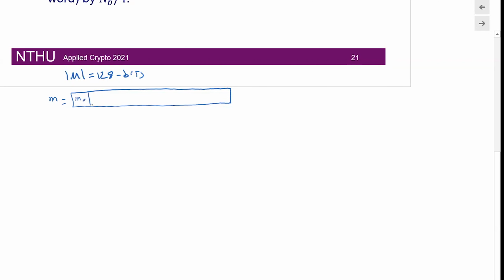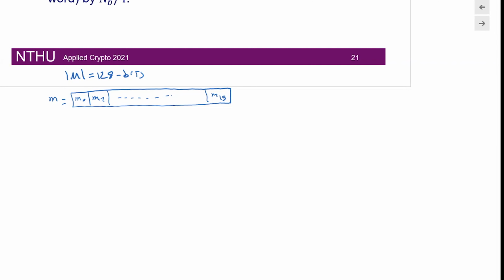I have M0, M1, all the way to M15, so I have 16 bytes. Every byte is 8 bits, and together I have 128 bits. This is the message, the way that we would see it.